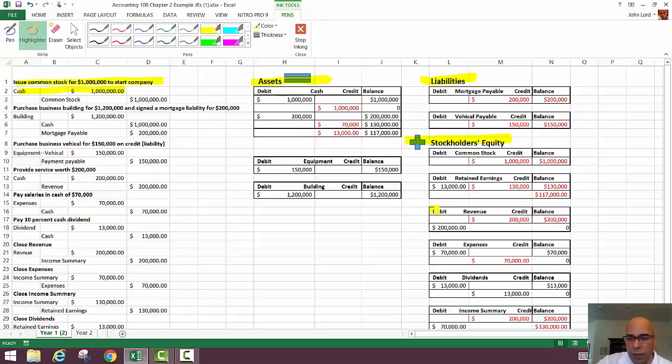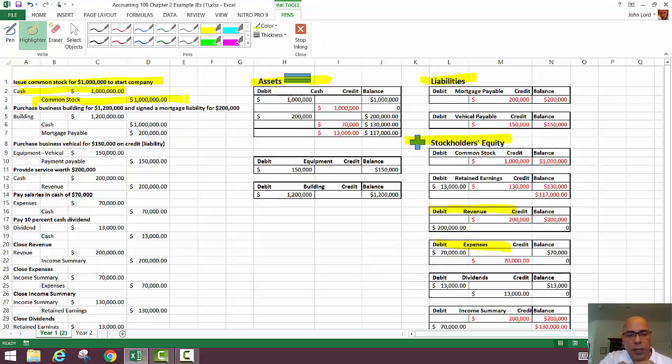Notice I put our revenue and expense accounts under stockholders' equity, even though we'll be reporting those on our income statement. We want to see that they're ultimately going to affect retained earnings. Revenues will increase retained earnings, expenses will decrease retained earnings, and we'll effect that by closing out our net income to retained earnings.